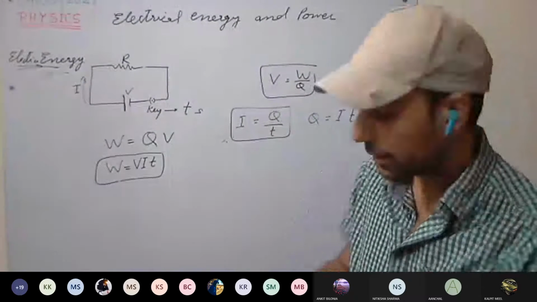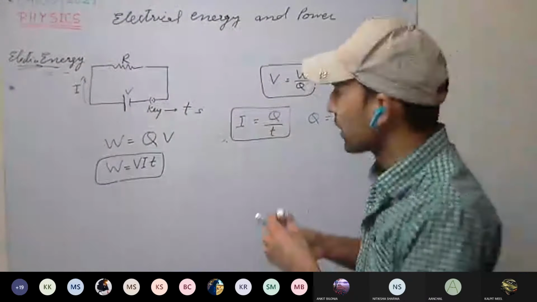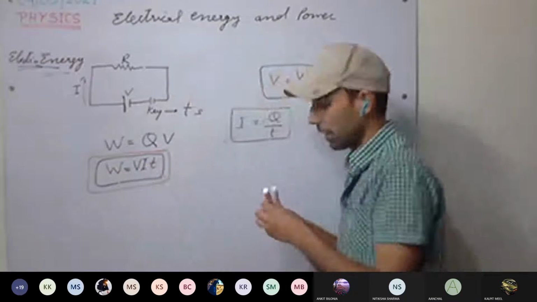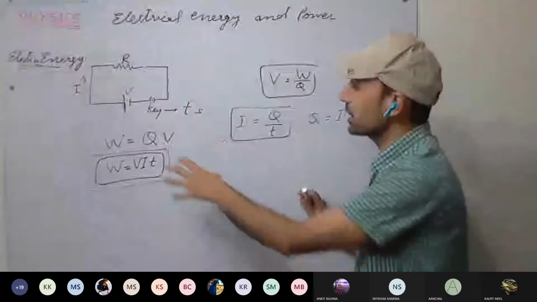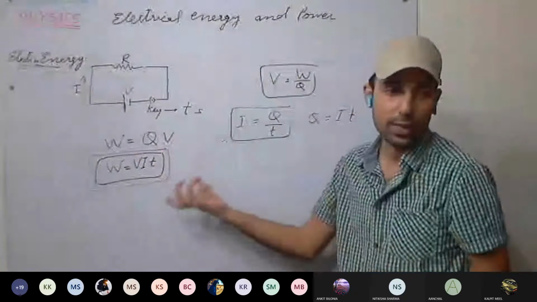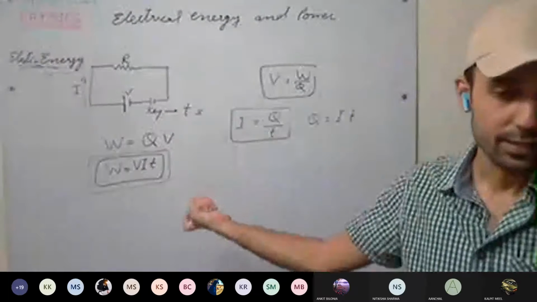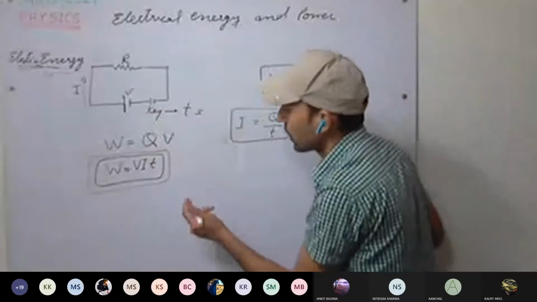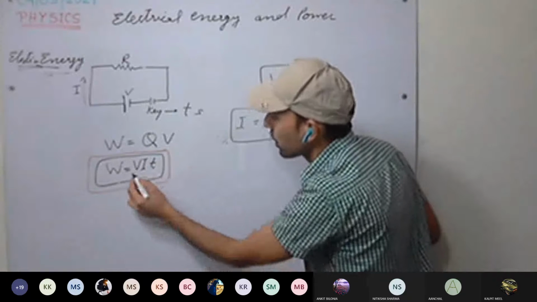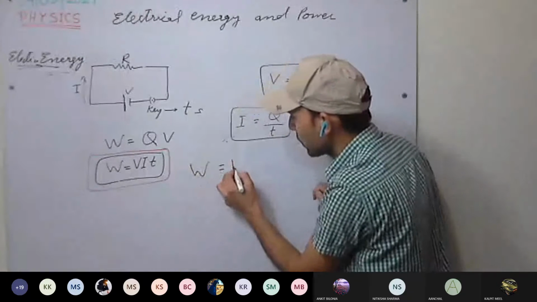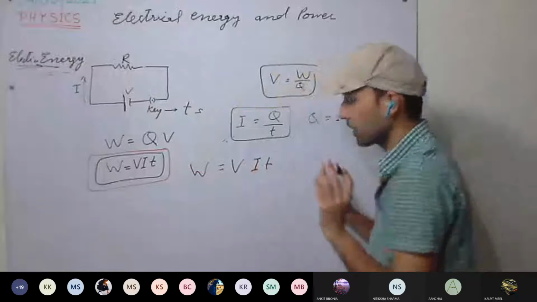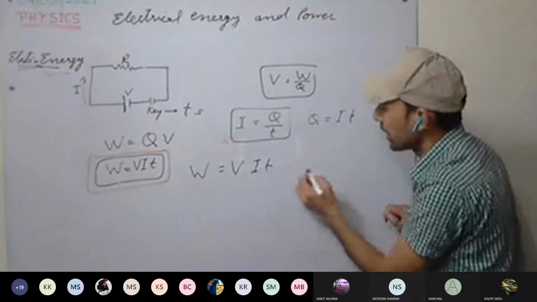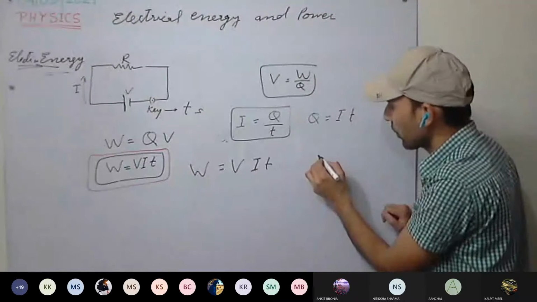Next are different expressions for this. Now we will be expressing this equation in different forms. W equal to VIT, this we have already understood. Now, Ohm's law is what?